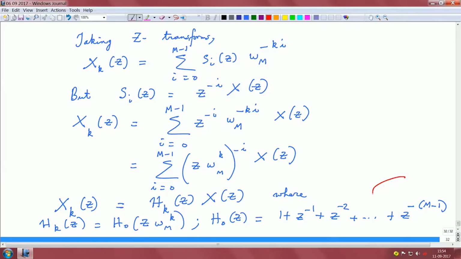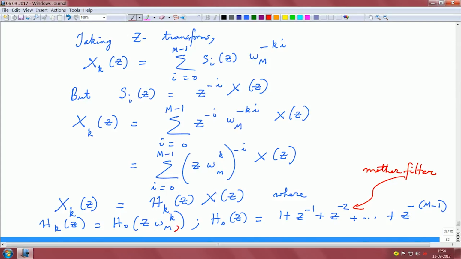This is basically the mother filter, and the rest of the filters can be obtained by changing the parameters of the mother filter, because it is being modulated by omega m power k.